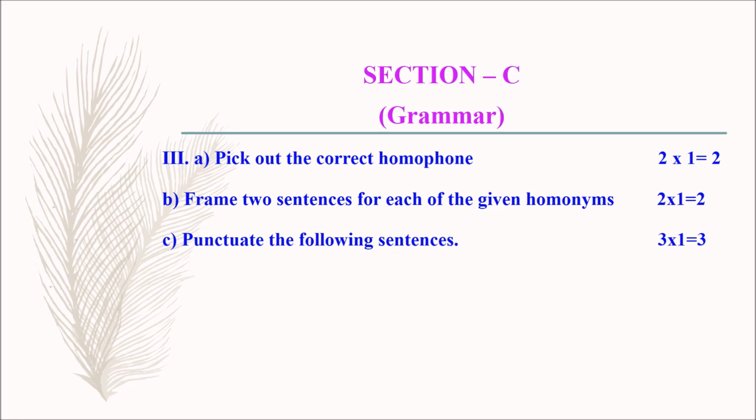So totally 2 marks for homonyms. Next one is punctuate the following sentences. So for punctuations, you will get 3 questions. Each question carries 1 mark. So totally 3 marks for punctuations.